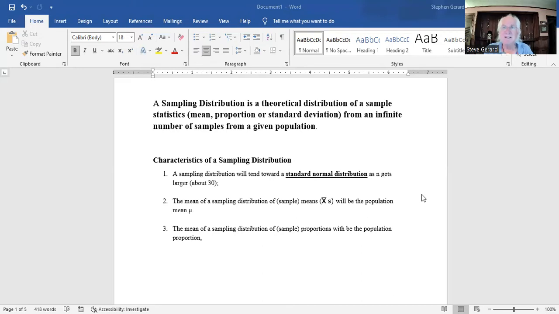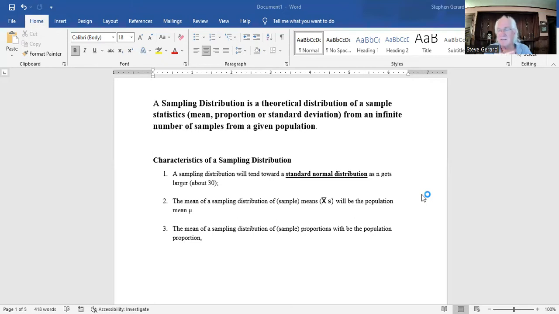The mathematics of it is a little complex, but trust me on this. The mean of a sampling distribution is the mean of the population. If you do an infinite number of samples, the mean of the sampling distribution becomes the mean of the population.